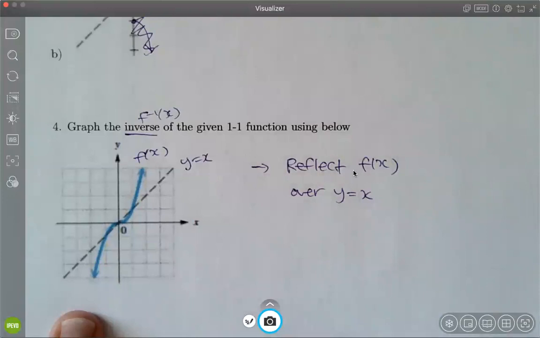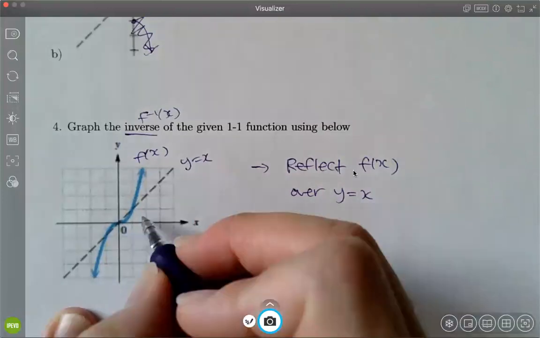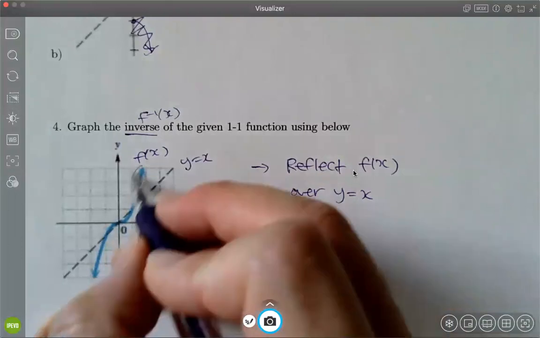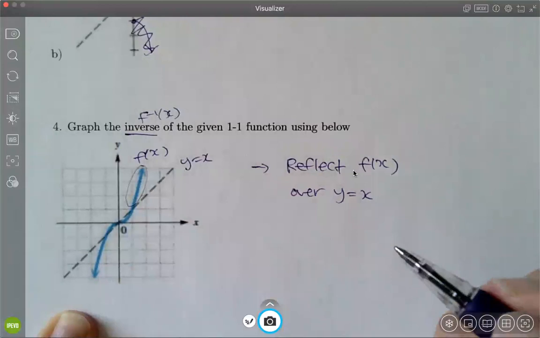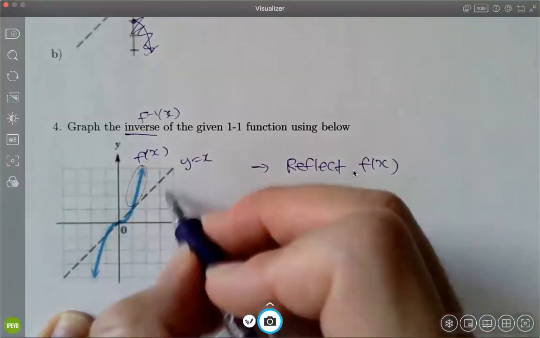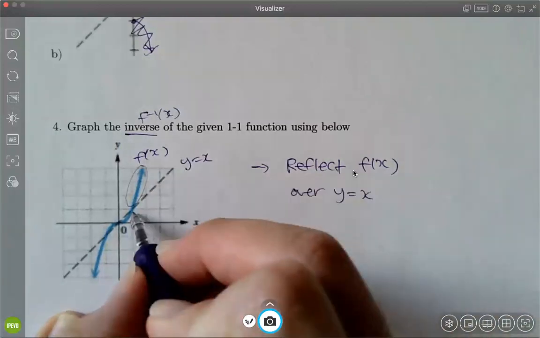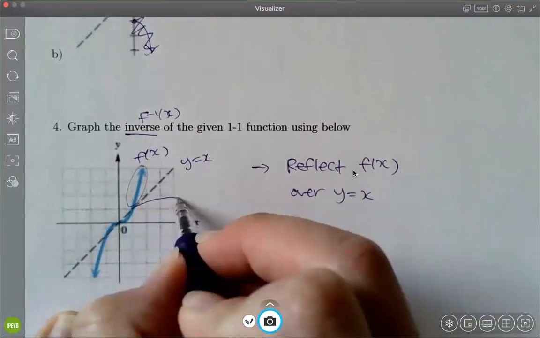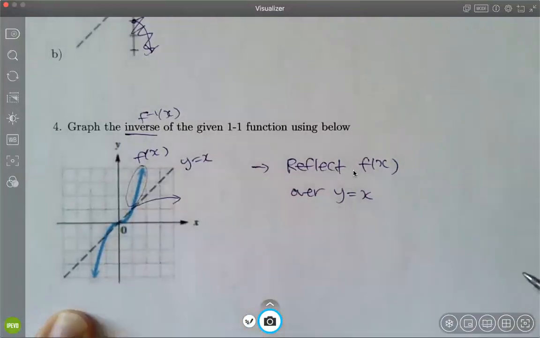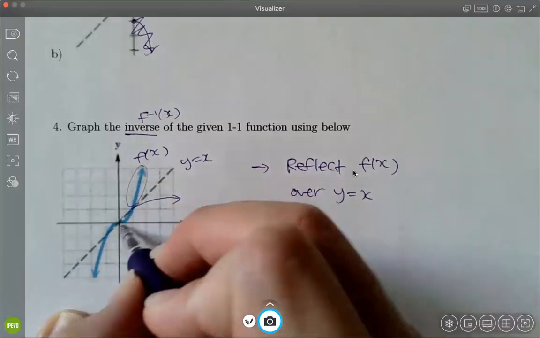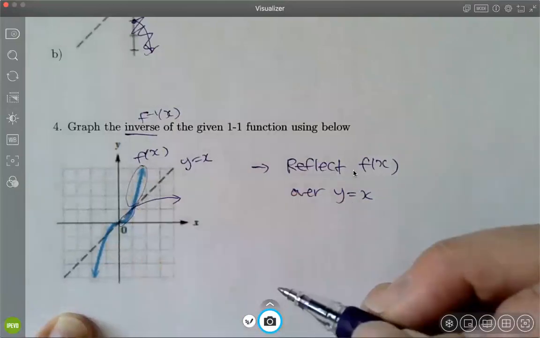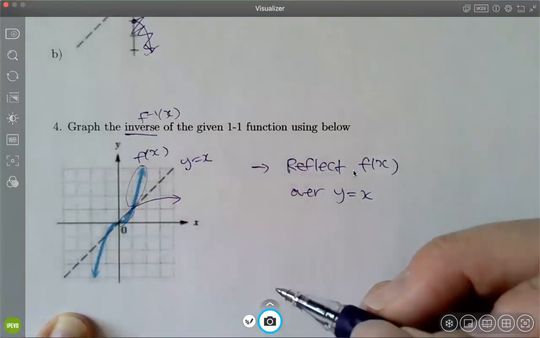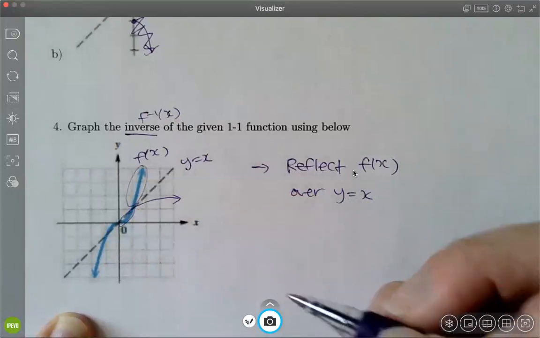Okay, so now let's see it a little bit closely. First of all, this portion here is moving away from y equals x, right? So when you flip it, how does the graph look? Something like this, right? Okay, and now the second portion. Look at this tiny portion here. That tiny portion is below the dotted line, y equals x. So when you flip it, where will it go?